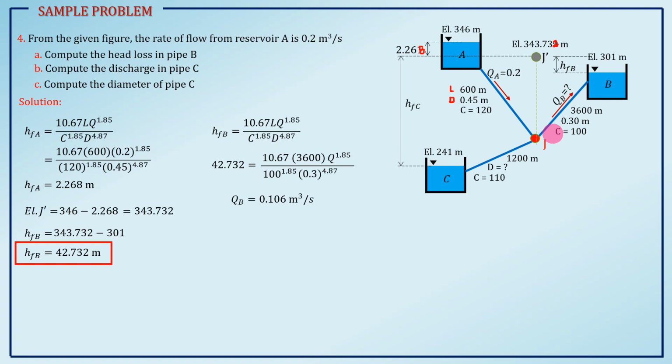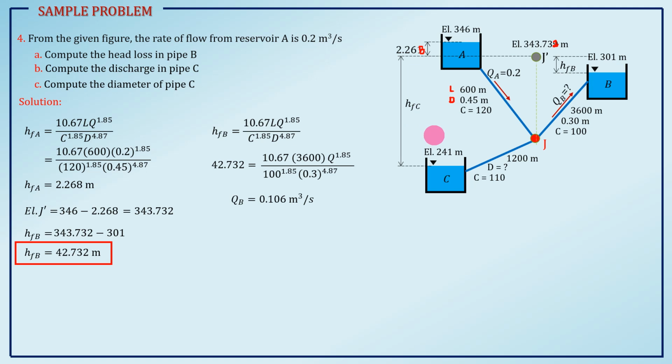Now we can find the discharge at pipe C. Take note that the change in elevation between J prime and the water surface elevation at the reservoir is the head loss, HFC. We can also use that to determine the diameter.